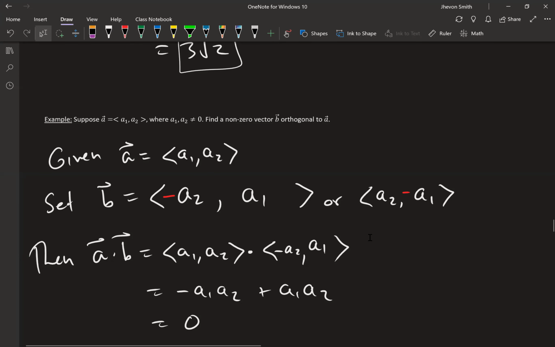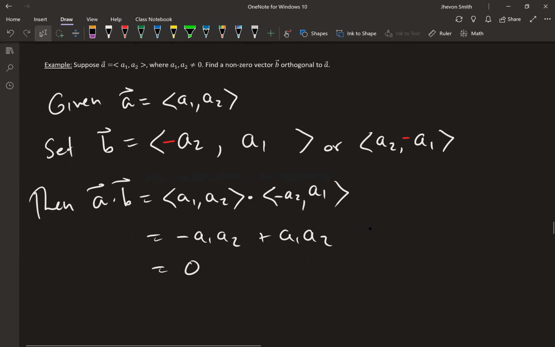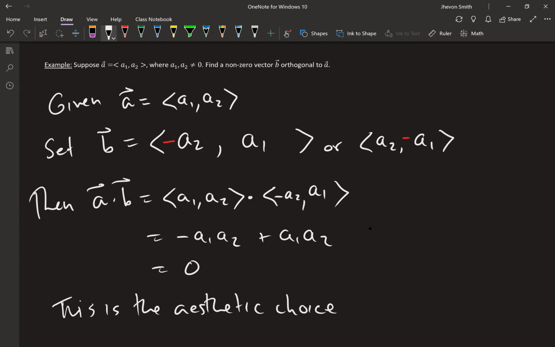So this is sort of the nice aesthetic choice, and I'll refer to this. It's not the only choice that you could make, but it's the aesthetic choice. Not an official term, I'm just calling it that.